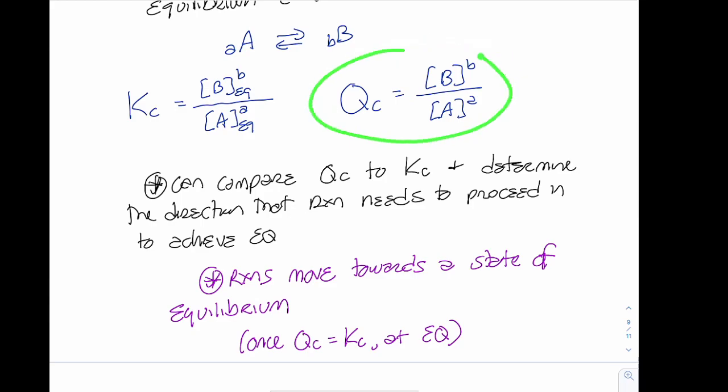So if this is too small, what that means is the number on the top is too little, or the number on the bottom is too big. Either way, that's going to give me a smaller answer. So if this is too little and this is too big, which way do I have to go to make it equal to this? I'm going to have to go towards products. It's going to proceed in the forward direction. I need to make B bigger. I need to make A smaller. So I'm going to go towards B.